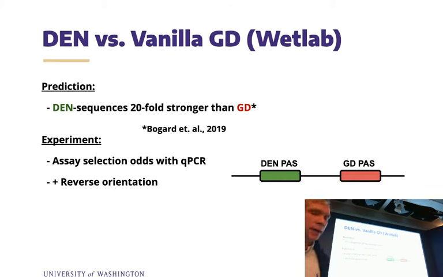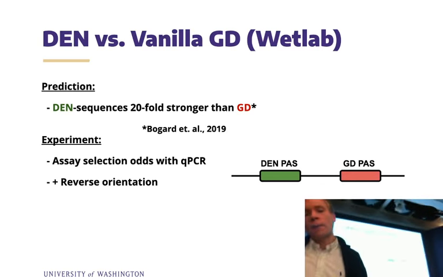Now our predictor said that our new deep exploration network, or DEN, sequences were predicted to be 20-fold stronger, which sounds pretty crazy, but we thought, okay, let's try and synthesize them. So we took our new DEN-generated poly-A signals, the green box there, and synthesized them on a minigene reporter in direct competition with our old gradient descent generated maximally strong poly-A signals.